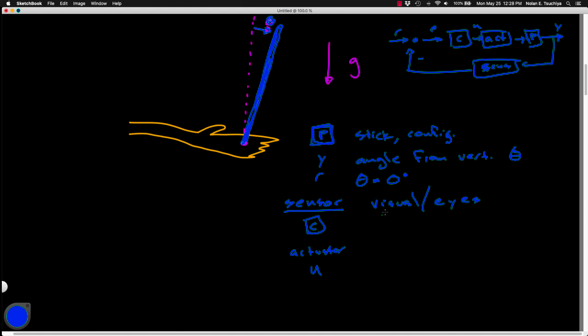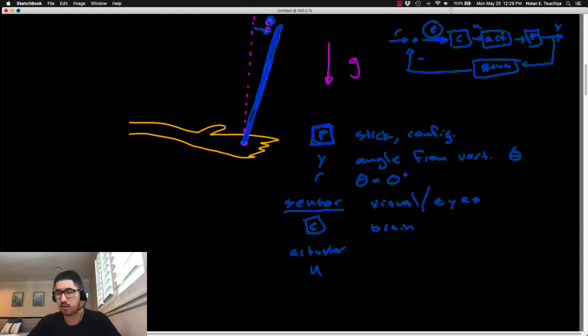In this case, the controller is actually the brain. The controller is accepting the error signal, so the error signal is the input to the controller. And the error signal, remember, is the difference between R and Y, so it's R minus Y. I know that R is 0 degrees, I want this thing to be balanced.